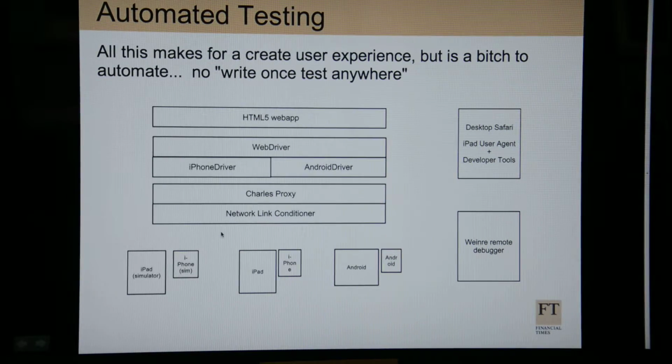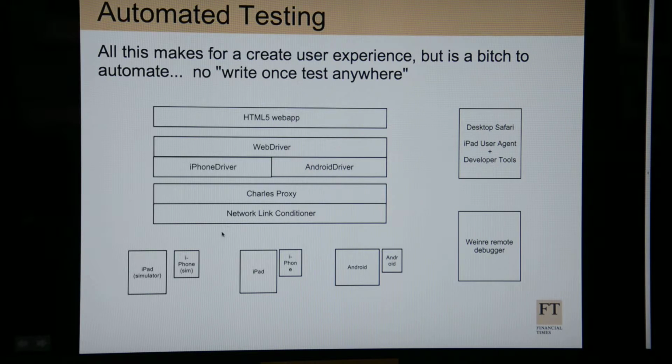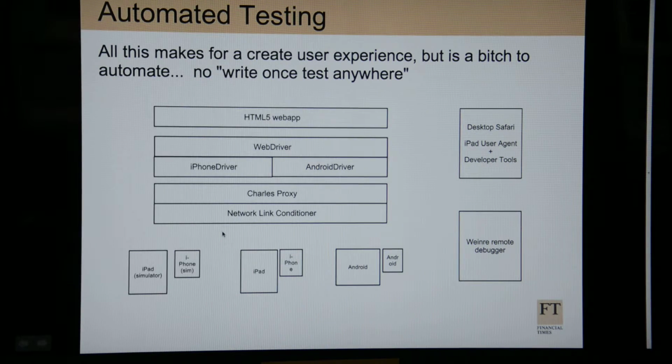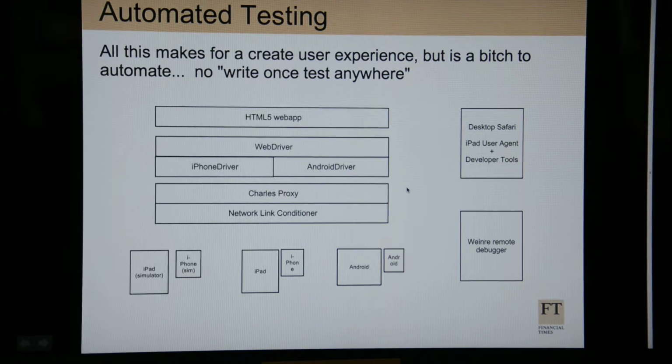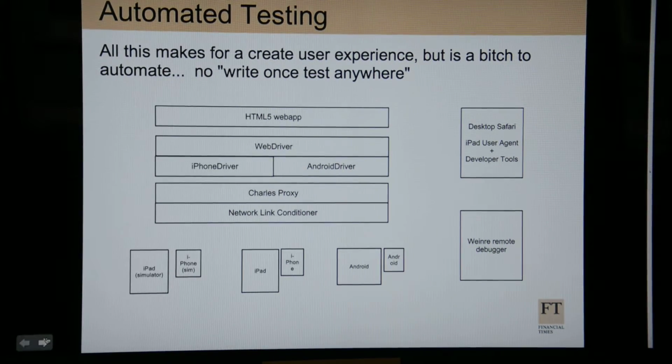We also use Weinre, which is a remote debugger. That uses the Chrome debugger on the desktop, and it attaches itself to the application running in the browser, so you can then break the test and inspect it and stuff like that. So again, in principle, it all sounds great, and there are these tools available that you can use to set up all of this workflow.